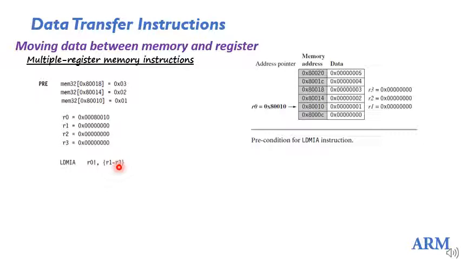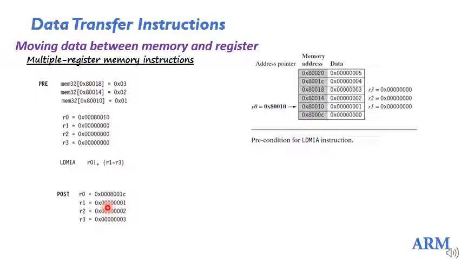And exclamation means, as you have already known, to update the base register. So after the execution of this instruction, R1 will be loaded with the content of the memory location pointed to by R0.